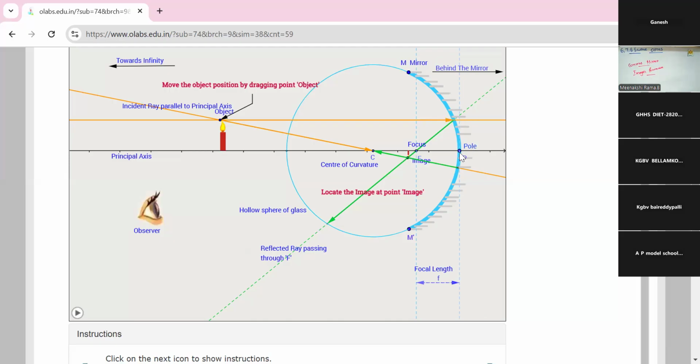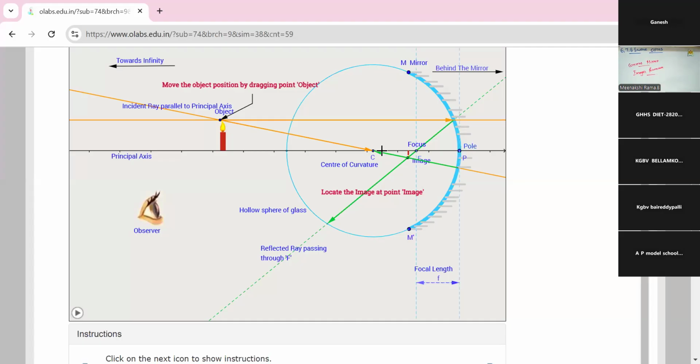It is the center of the reflecting surface of the concave mirror, and it is generally denoted by the letter P. Next is the center of curvature. The center of curvature is the center of the sphere of which the concave mirror forms a part. It is denoted by the letter C.